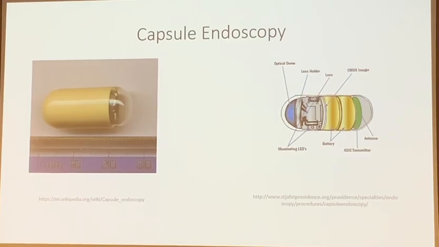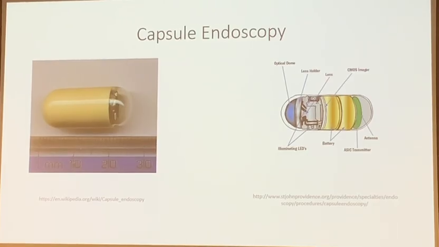Okay, I can also reach it by a scope. What is the name of the scope that can reach the small bowel? Google small bowel endoscopy. How can we do it? It's called enteroscopy or double balloon endoscopy, a scope that has two balloons.